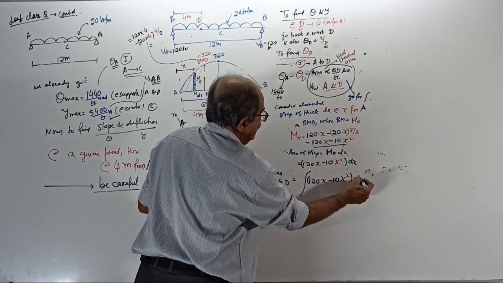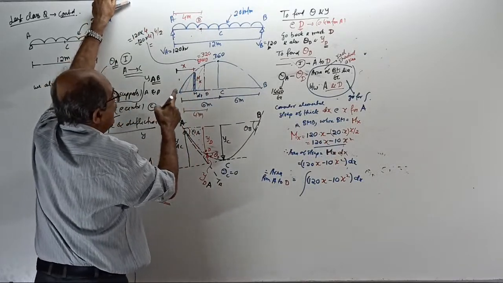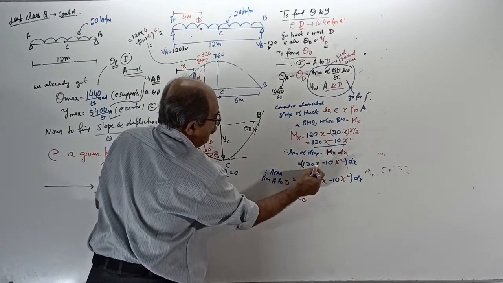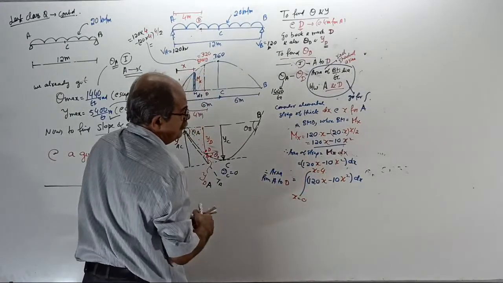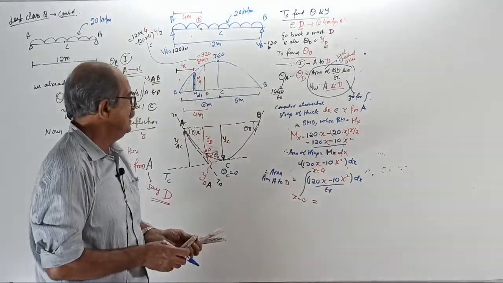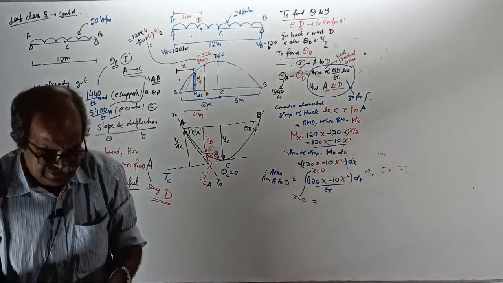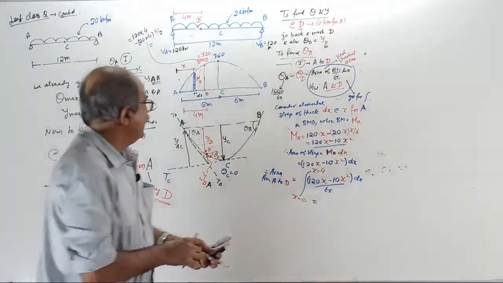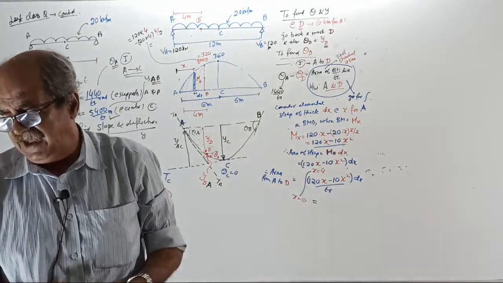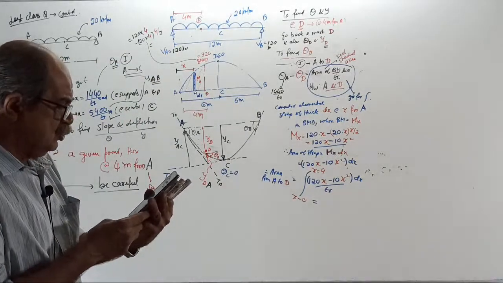See, I want the area from A to D. Since I want the area from A to D, the lower limit of x is 0, the upper limit of x is 4 meter, by EI. Okay, now calculate fast. This is simple integration. 120 into 4 square by 2 minus 10 into 4 cube by 3.